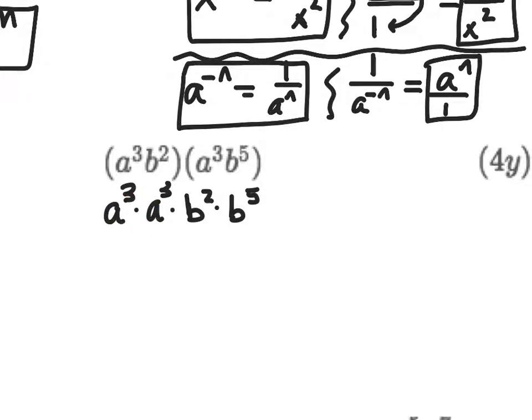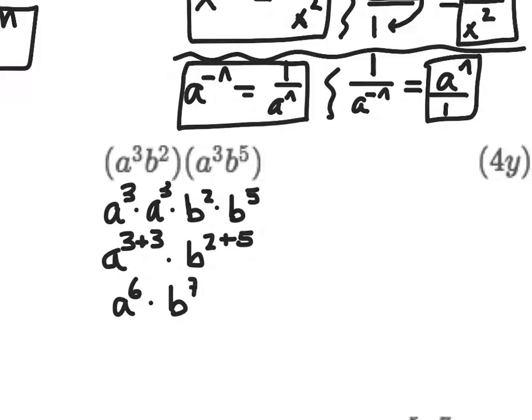I'm going to have a to the 3 plus 3 power times b to the 2 plus 5 power. So then what I'm going to get is a to the 6th power times b to the 7th power, and that's my answer.